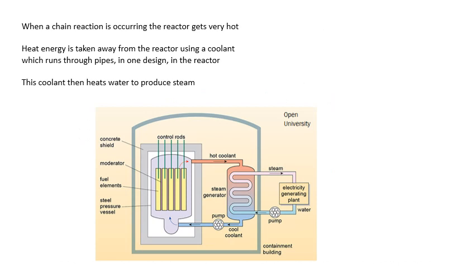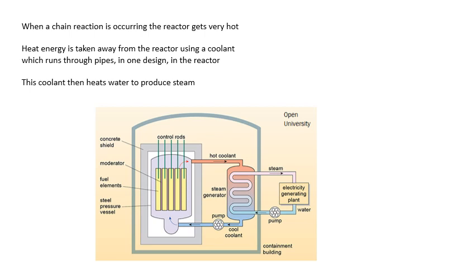So when a chain reaction is happening, the reactor gets very, very hot because you've got all these fragments and neutrons whizzing around very, very fast, and so it's heat energy. So you take the heat away using a coolant. There are different types of reactors.